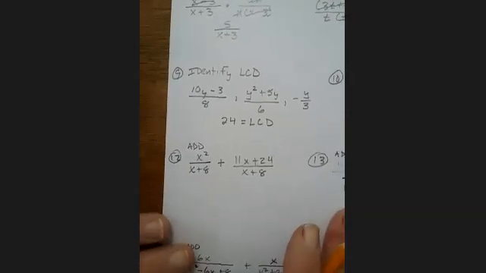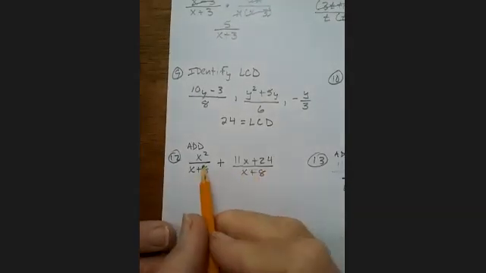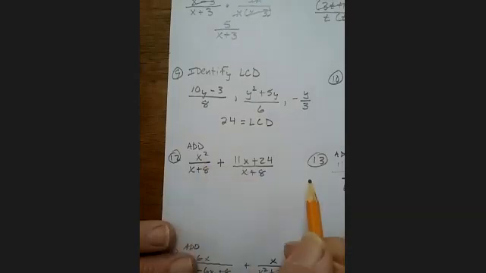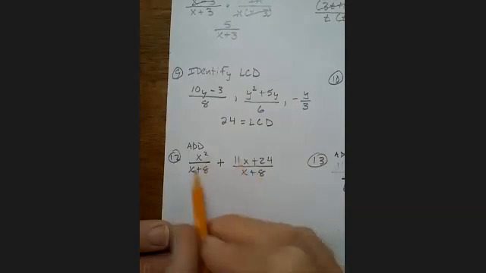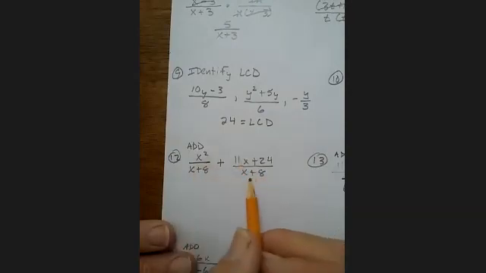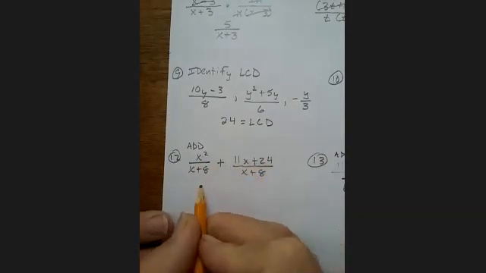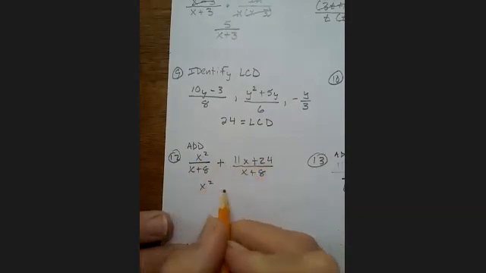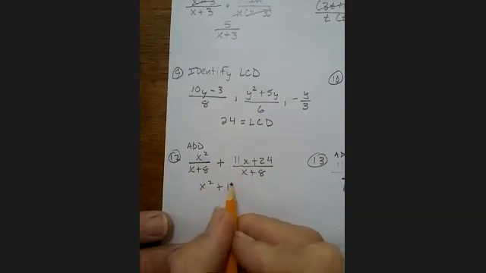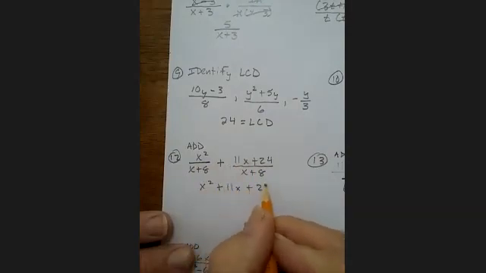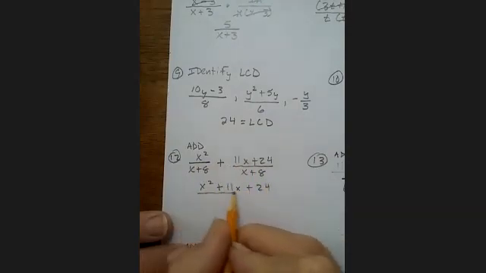All right. So your next one is this one, where the denominators are the same. When you're adding or subtracting fractions, the denominators need to be the same. So really all you're looking at is what's on top, and what's on top is x squared plus 11x plus 24 all over x plus 8.